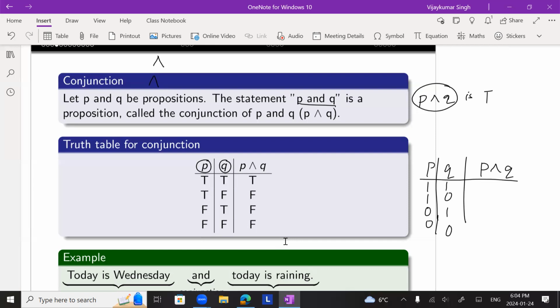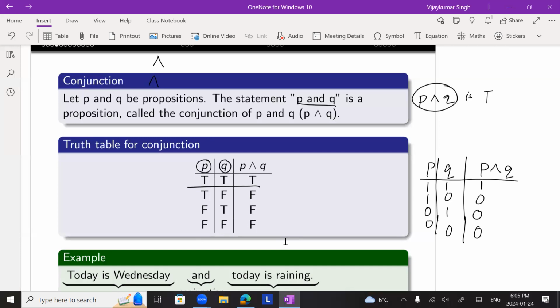So this is the easy way to enumerate all the possibilities, because at the end of the day, you're analyzing all the possibilities together. Is that making sense to you? You're analyzing all the possibilities of statement P separately and statement Q separately, and what that does to the and. So P and Q is true only when both of them are true, or otherwise it's false.